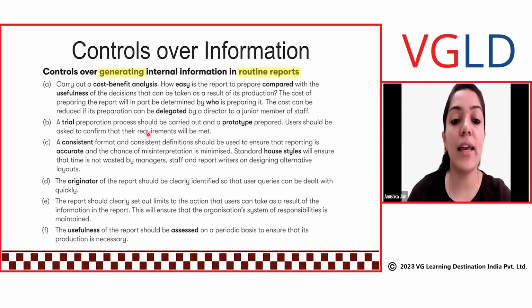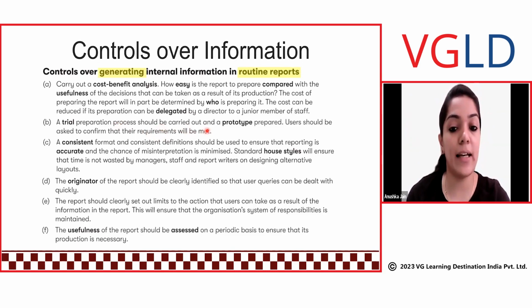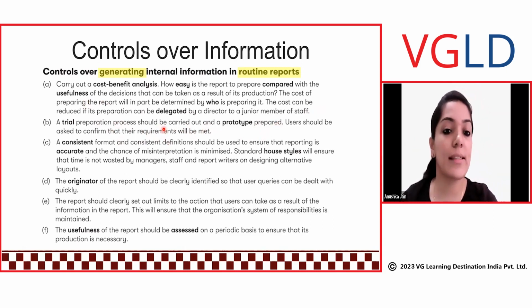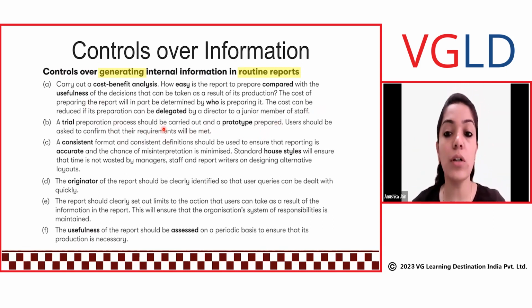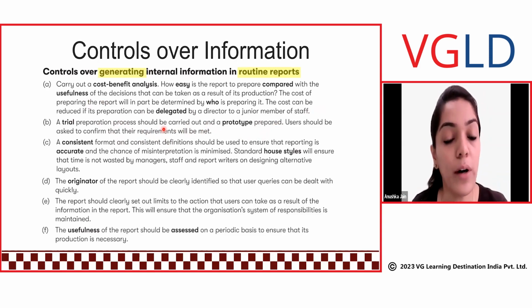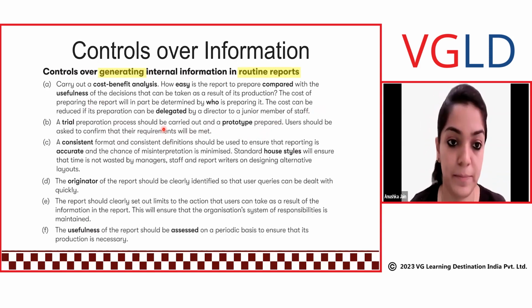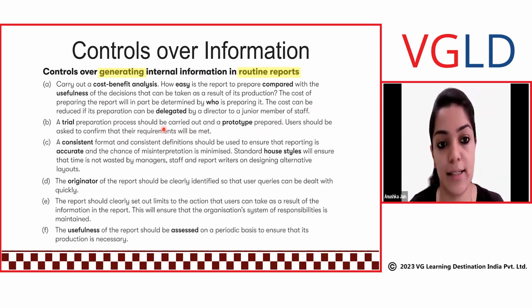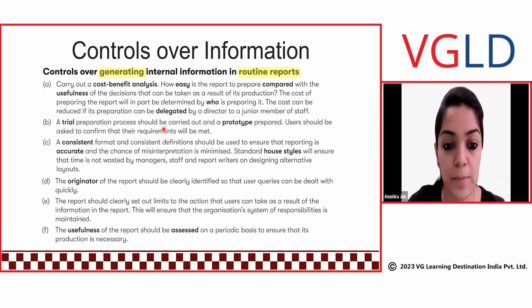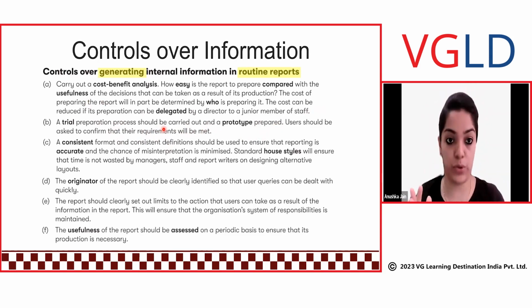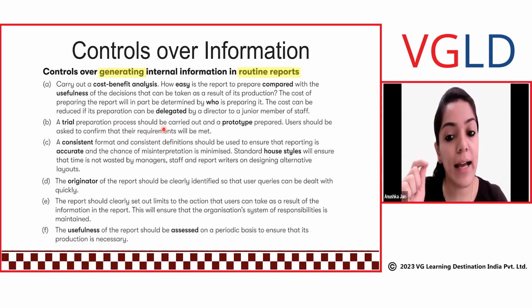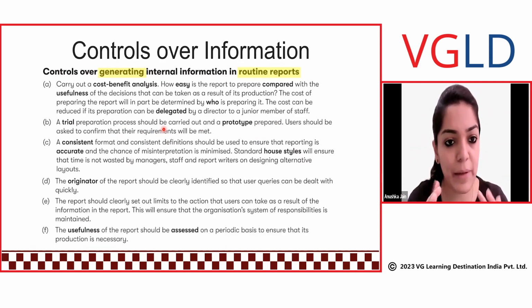Next, a trial preparation process should be carried out and a prototype prepared. Users should be asked to confirm that the requirements will be met. This is talking about a scenario where a routine report is being newly developed. So there has come an ask that we need this report on a daily basis. What you should do in that case is prepare a trial report, just like a sample report, a prototype.